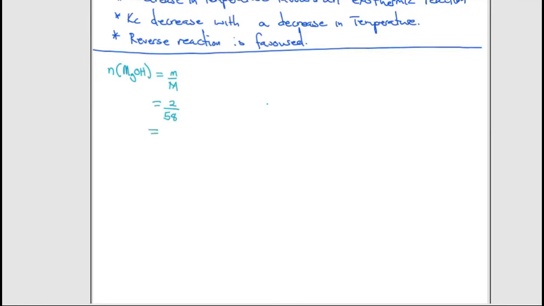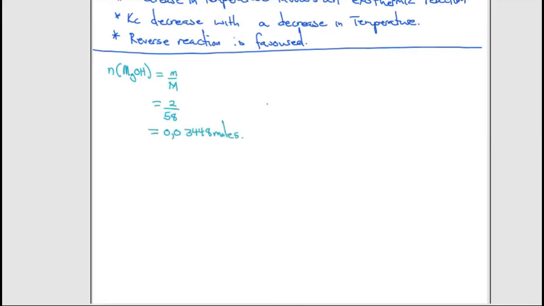So 2 divided by 58 gives a value of 0,03448. So these are our moles that we're calculating.